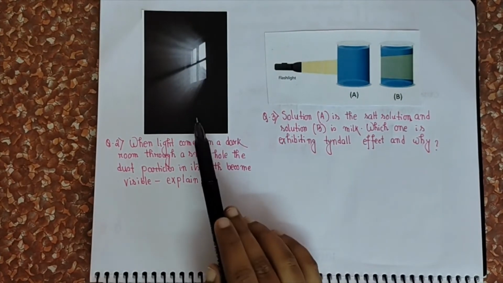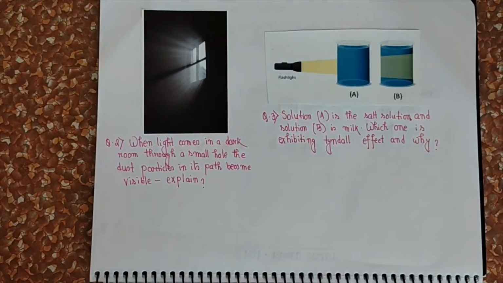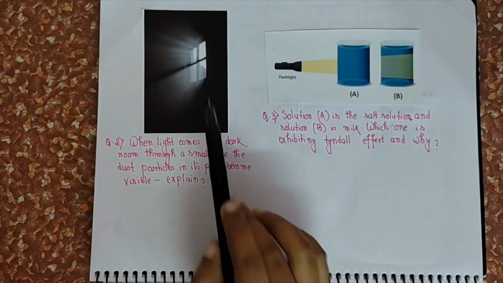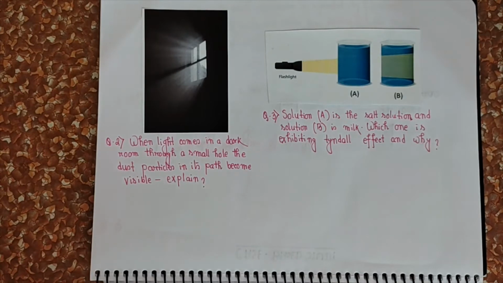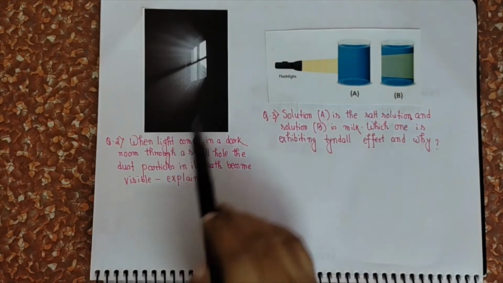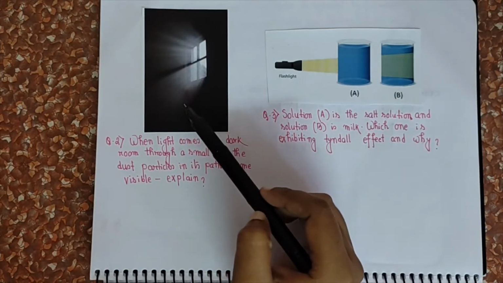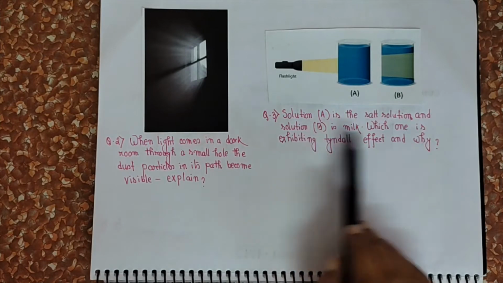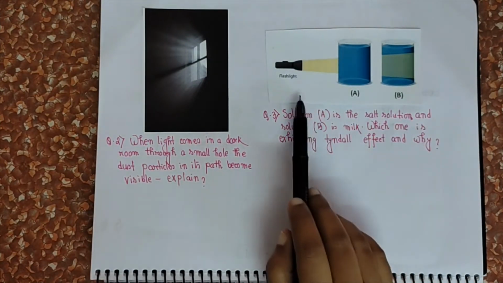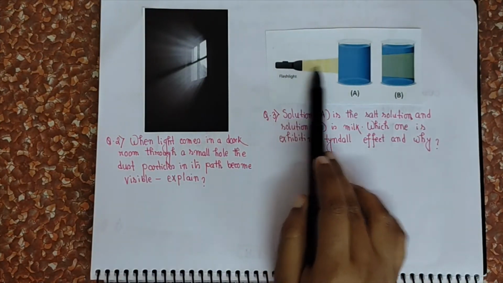Here you can clearly observe that light is coming from this window in a dark room, and here these are the path or track of the light, which is clearly visible to us. All the dust particles are also visible to us when light comes in a dark room. And here you can also see that one flashlight is there.